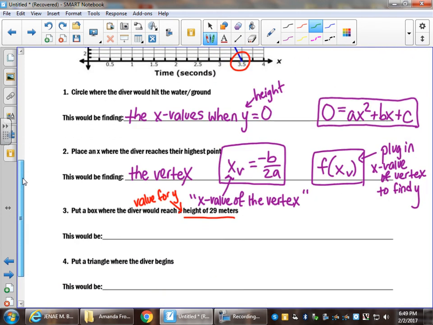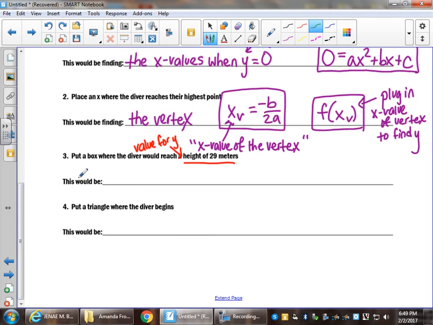So the diver reaching a height of 29 meters, that would be substituting 29 in for y. So it would look like 29 equals whatever the quadratic is.